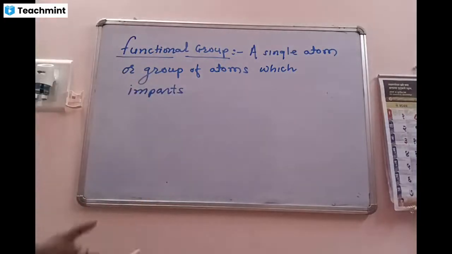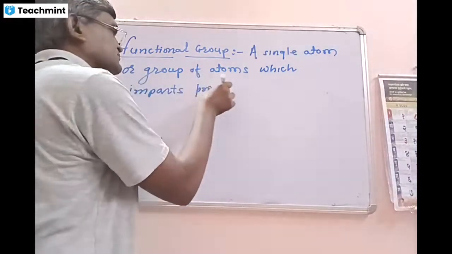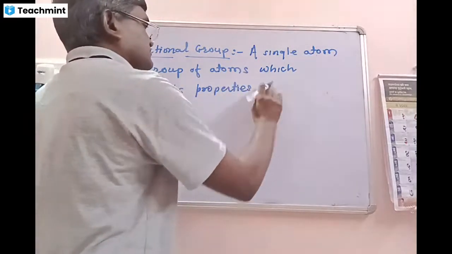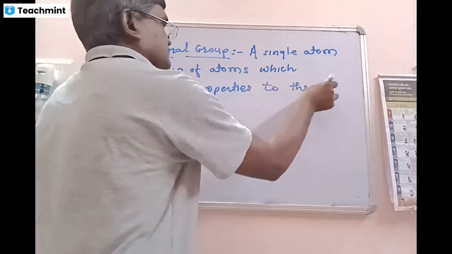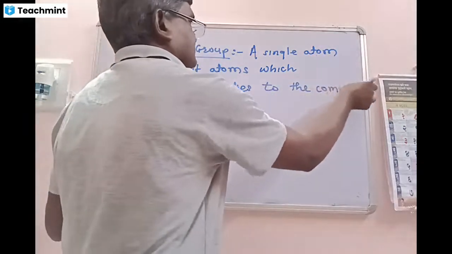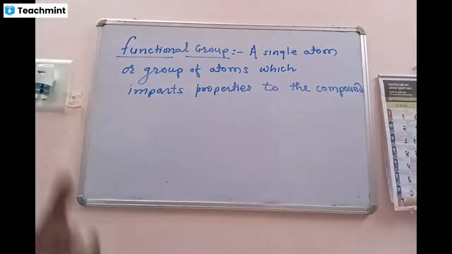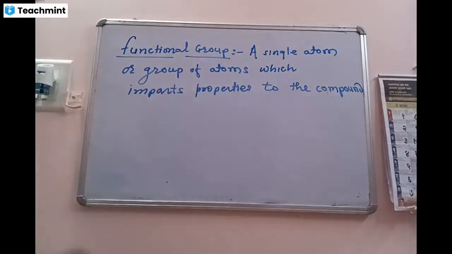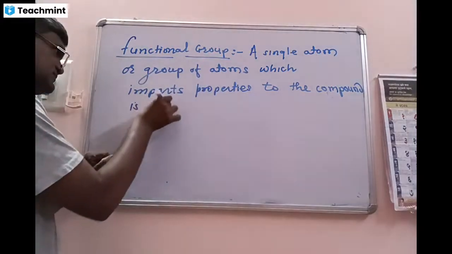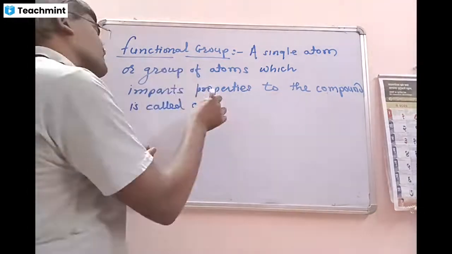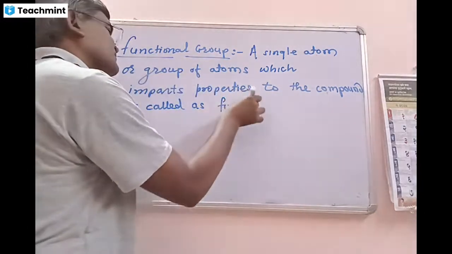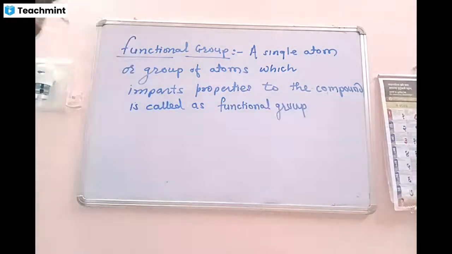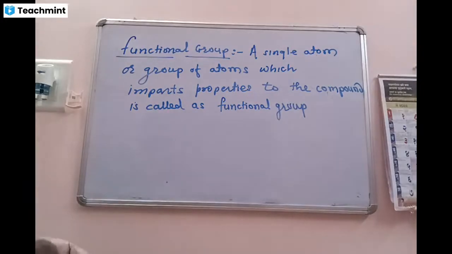Which imparts the properties of the compound. The properties of the compound will be due to the presence of such a group. जैसे हमने इसके पहले कार्बन कार्बन सिंगल बॉन्ड बोला था, that is our group.